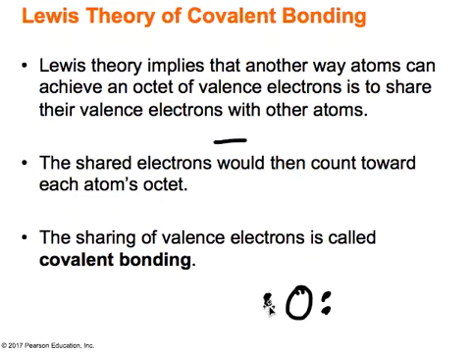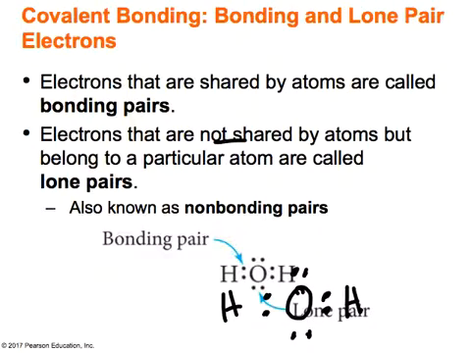So again, we'll use water as an example a lot. These 2 electrons can be counted for the oxygen or the hydrogen. So now oxygen has 8. Hydrogen only needs 2 because it looks like helium when it has 2. It's called the duet rule. But typically we're talking about being like a noble gas, which means that we want to have 8 for most of them, but not all of them.